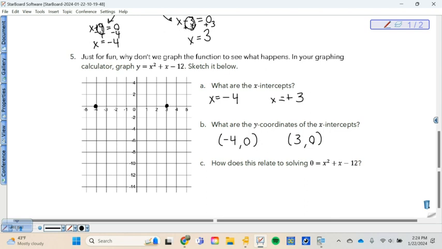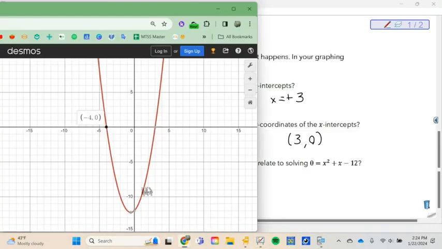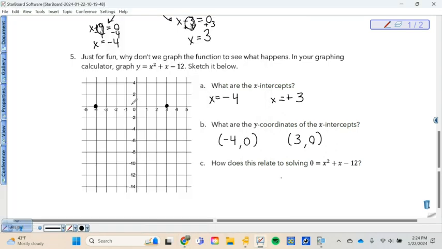And if I look at that graph, I can also figure out my y-intercept is at 0, negative 12. My vertex was down here at negative 1/2 and like negative 12.25, so somewhere there. Then I've got this y-intercept here, so I kind of have a sketch of my graph.